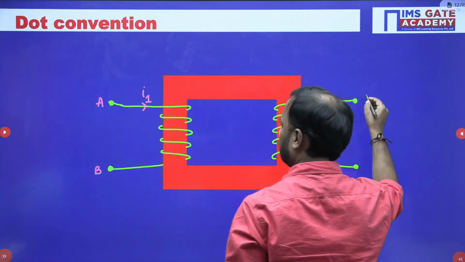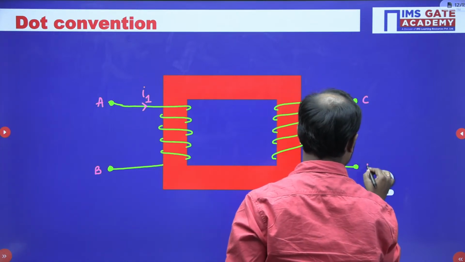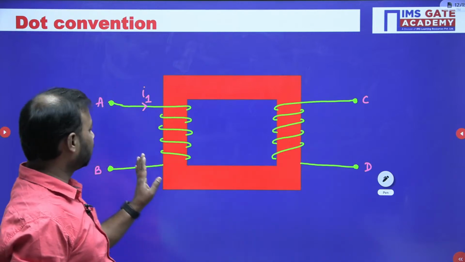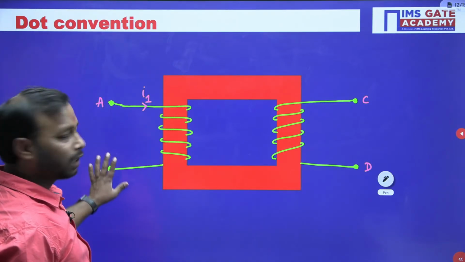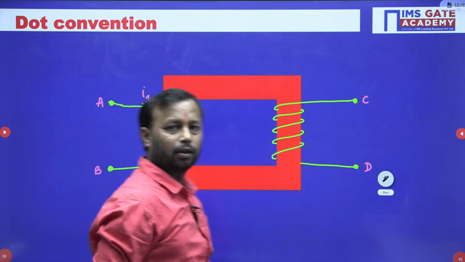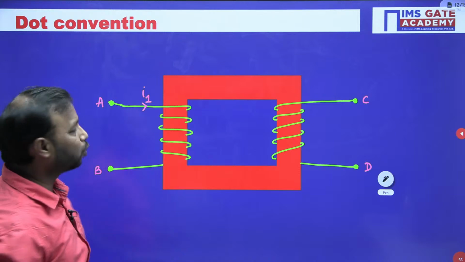And this is C and D. Okay. So AB is given to me, and I need to find the polarity of C and D. So this is homework question number 3.